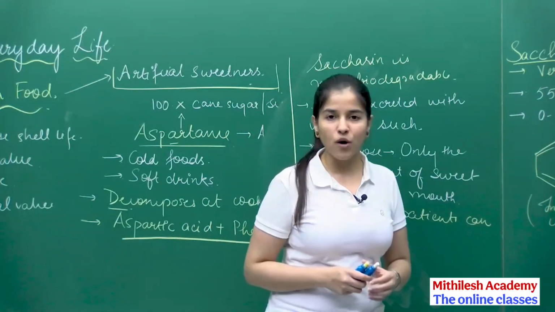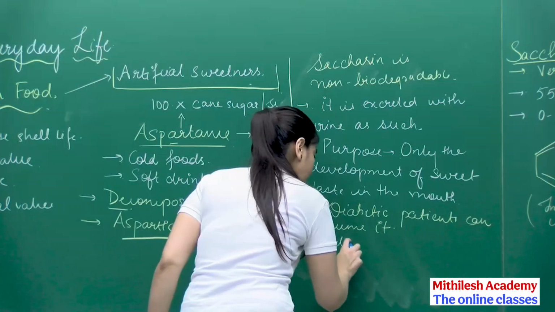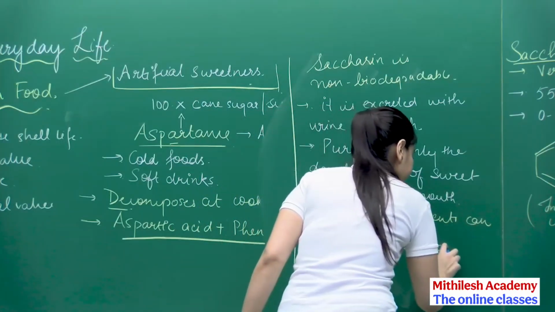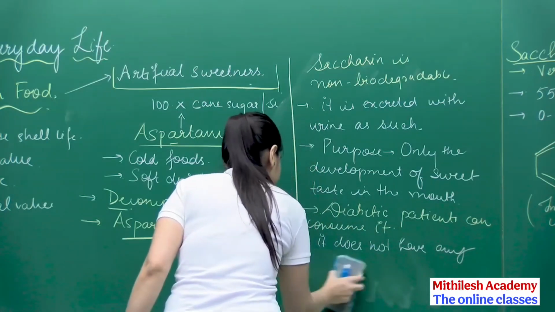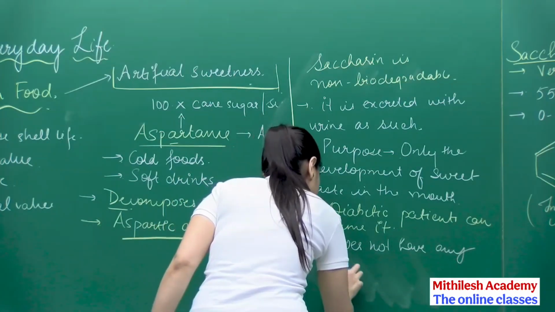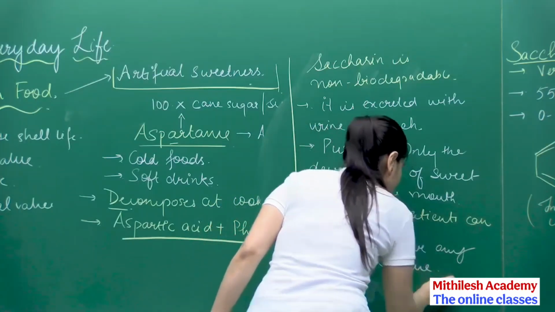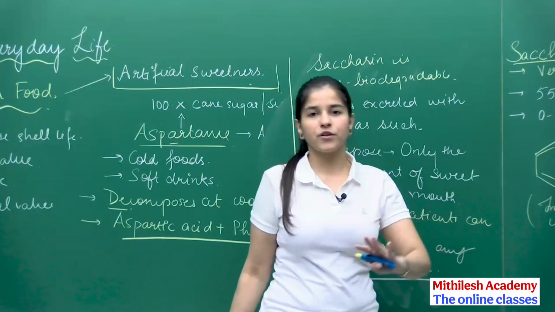So that is what the quality of saccharin is. It does not have any calorific value. So I hope that is very well clear to you. Hence this is not at all harmful.